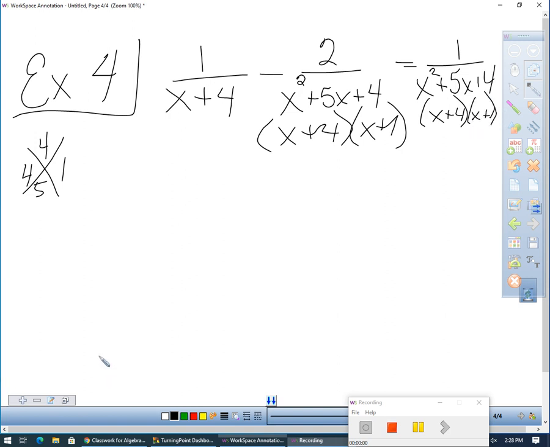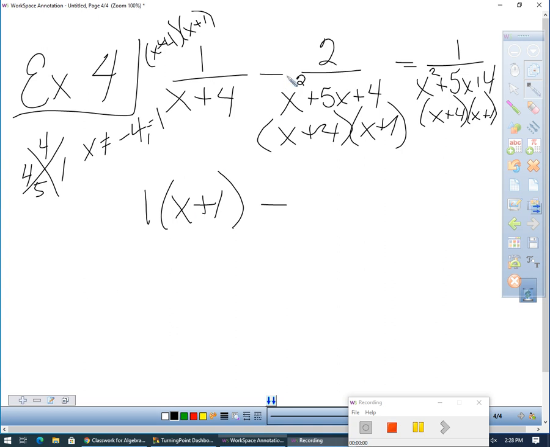Right? Alright, let's talk about our restrictions. X cannot equal negative 4 and negative 1. There we go. Alright, what's our common denominator? Good. X plus 4 and x plus 1 is our common denominator together. Right? In the first one, we have the x plus 4. So I need to multiply my 1 times the x plus 1, because that's the one that I don't have.